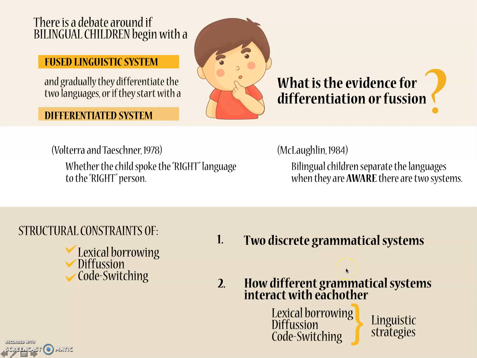They say that bilingual users' grammar knowledge should also include the knowledge of how different grammatical systems interact with each other. They say that borrowing, diffusion, and switching are linguistic strategies used in different ways, in different situations, for different purposes.